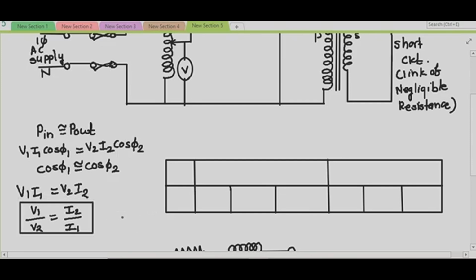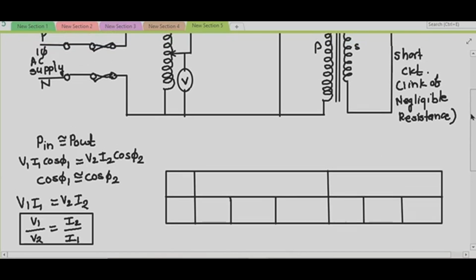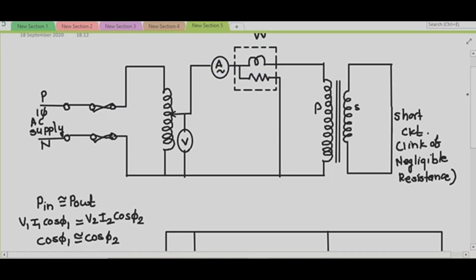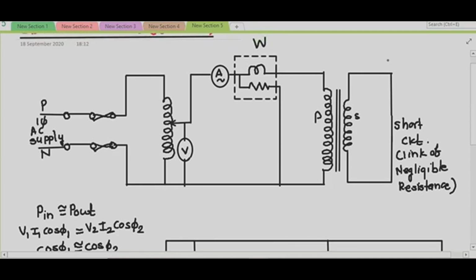So on the high voltage side your current will be less and on the low voltage side your current will be more. So the current on the high voltage side of the transformer being less, it is always convenient for us to connect the high voltage side to the supply and the low voltage side should be short circuited. So remember one thing, always short circuit the low voltage side and give voltage on the high voltage side, right?